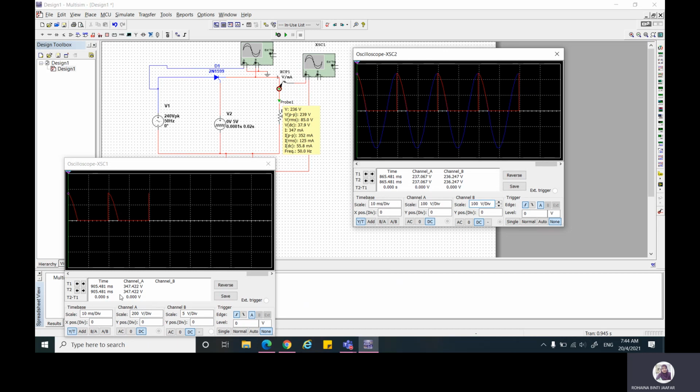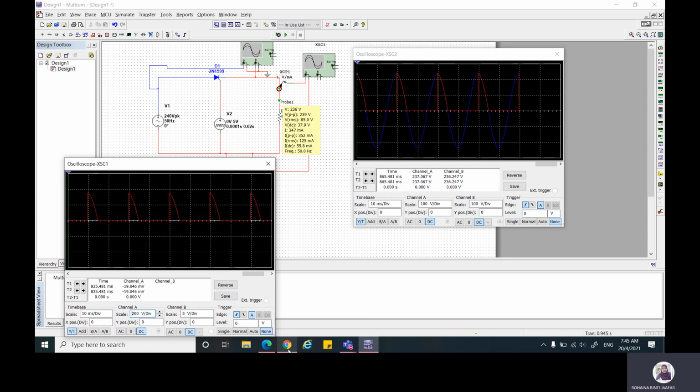Okay, so this will be your voltage waveform for input and output, and then this is your current waveform for output. Okay, so and then this is the reading for your IRMS, VRMS, and then V average and I average.